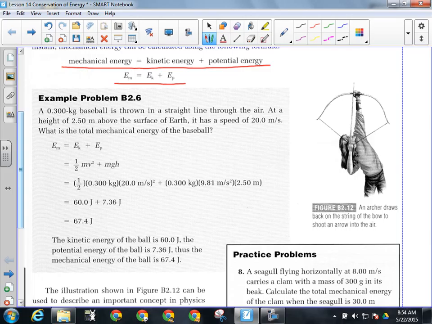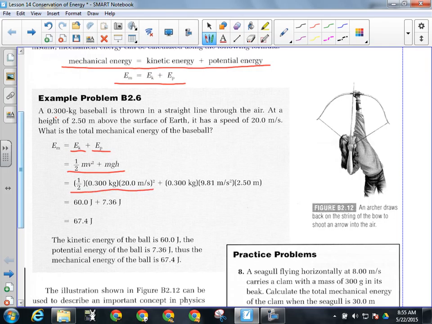Okay, so if I want to calculate the total mechanical energy of this baseball, I've got to figure out how much kinetic energy it has and how much potential energy it has, simply by plugging my numbers into the two formulas and adding them together. So it's a pretty simple operation. In this case, we have our 0.3 kilogram baseball. So if I'm calculating its kinetic energy, I'll go 1/2 times 0.3 times 20 squared.